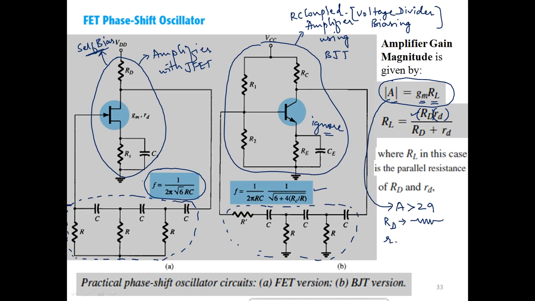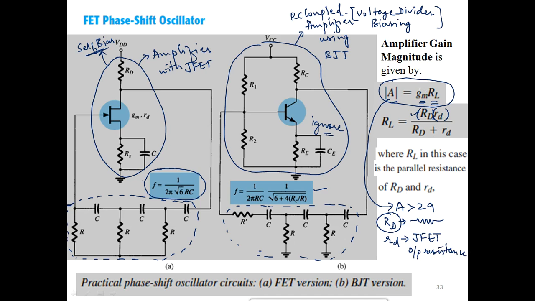At the same time, the small rd is the internal output resistance of the JFET device, and it is fixed. We cannot change it. It is decided by the manufacturer itself. That is the JFET's output resistance, and it is fixed. What can be changed is only this drain resistance RD.